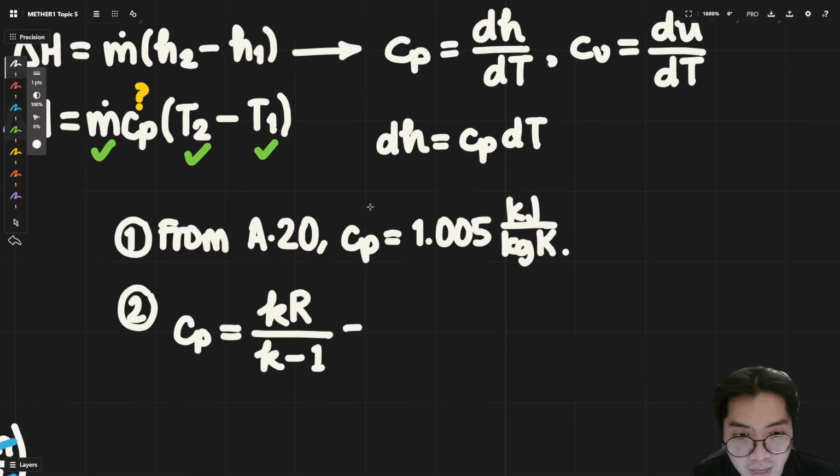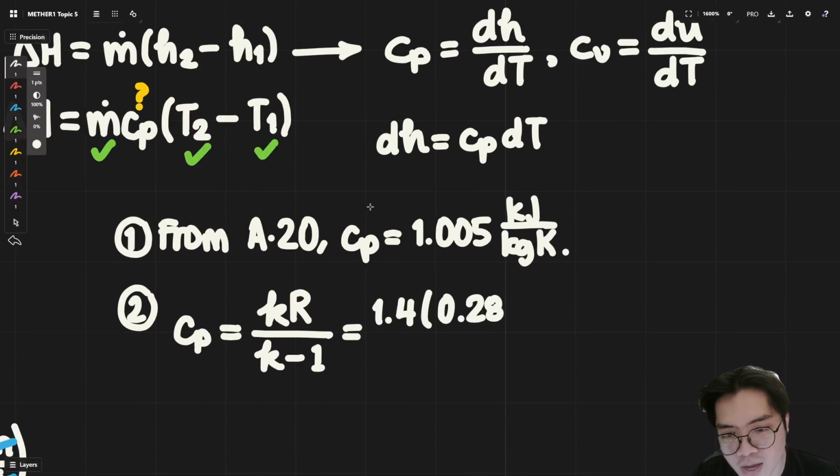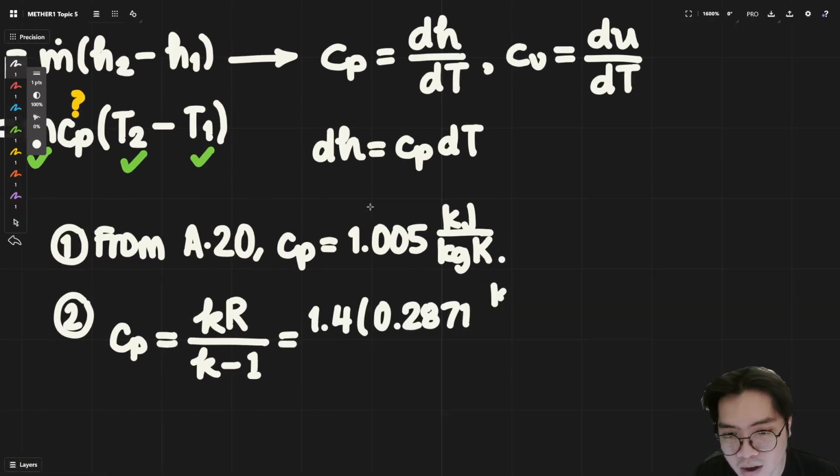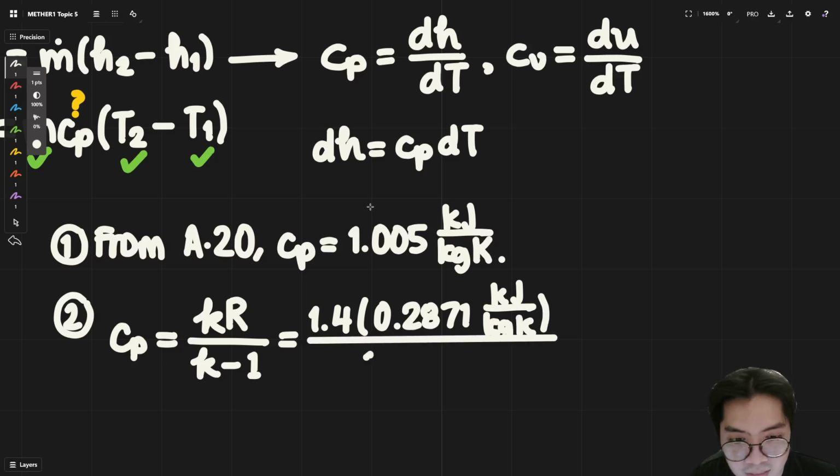And if you want, go ahead and compute: 1.4 times 0.2871, over 0.4. Notice in here that only R has a unit; k does not have a unit, it's just an adiabatic index. You will have an answer of 1.00485.